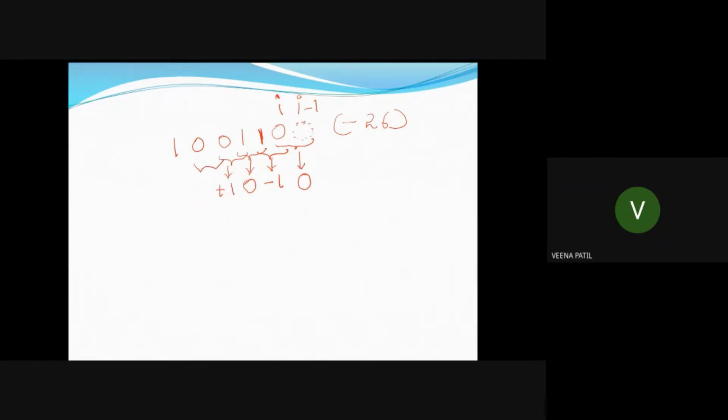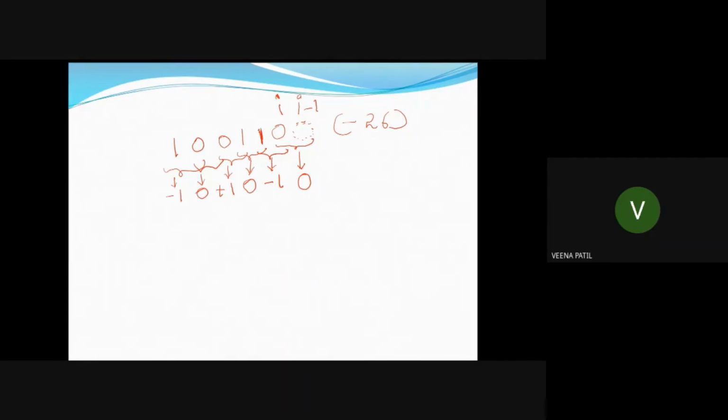Next, what will be the next two bits? Both the bits are the same, so replace it by 0. Yes, it is 1 0. So the new recoded value is minus 1. So the recoded multiplier here is minus 1, 0, plus 1, 0, 0, minus 1.